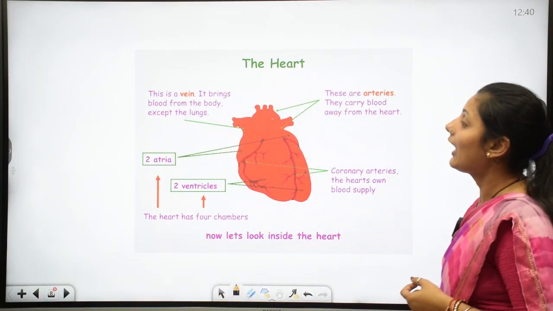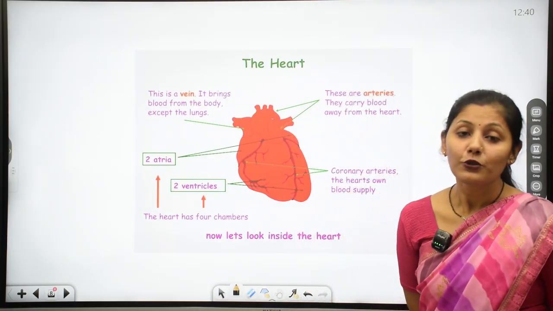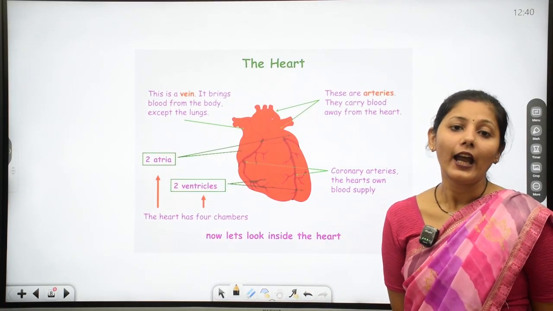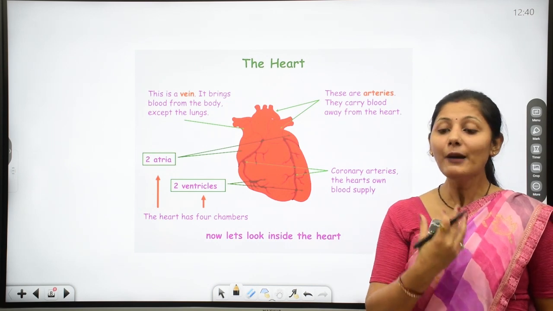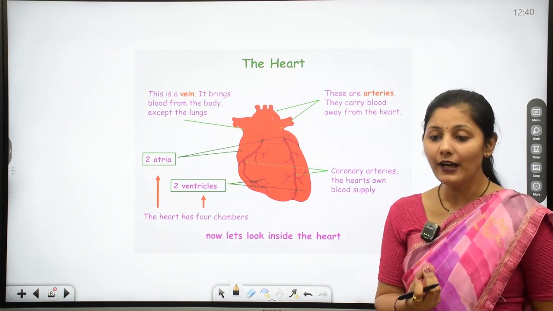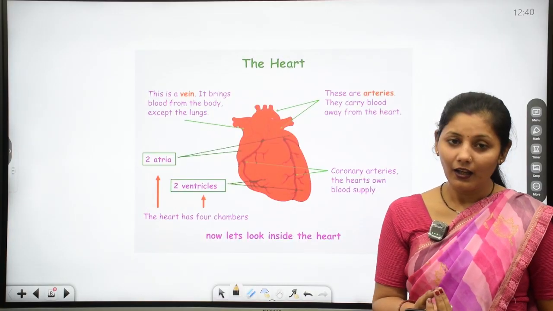See, this is the heart. Now we will discuss the structure of the heart also. You know that the heart is situated inside the chest bone, in the middle of the chest, but we feel the heartbeat on the left side of our chest. Why?